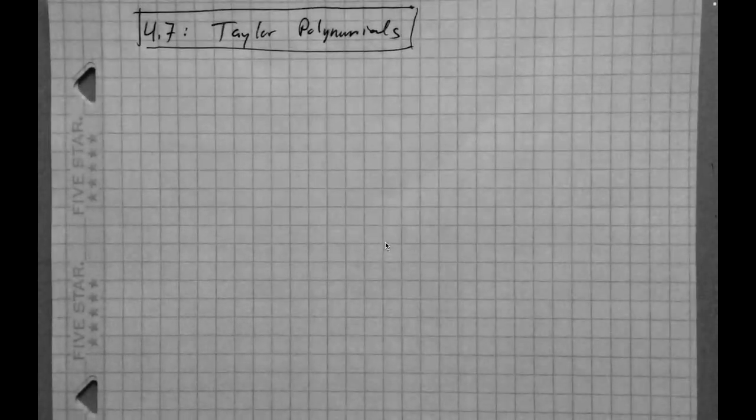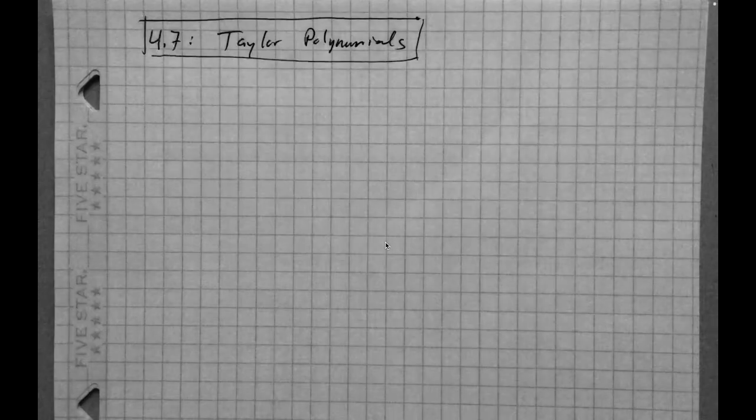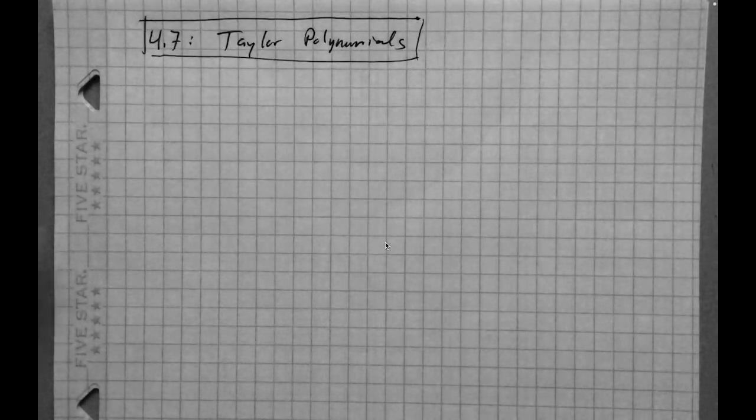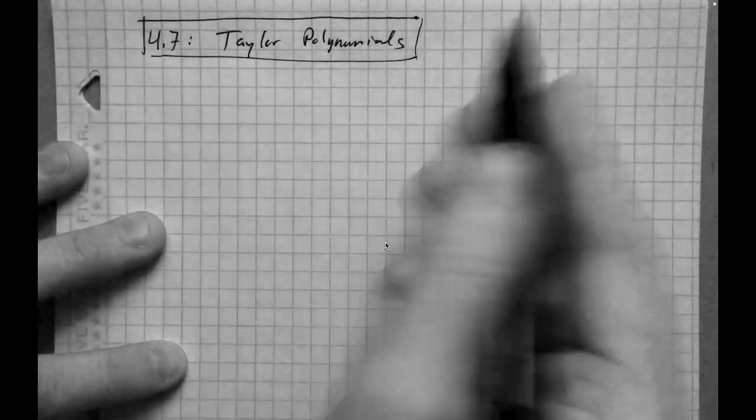All right. So in this section, what we want to do is develop some ideas about how polynomials can be used to approximate other elementary functions. So that's kind of like a motivating statement.